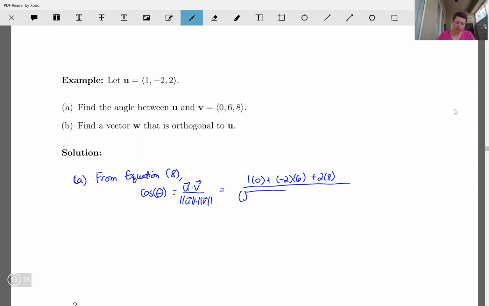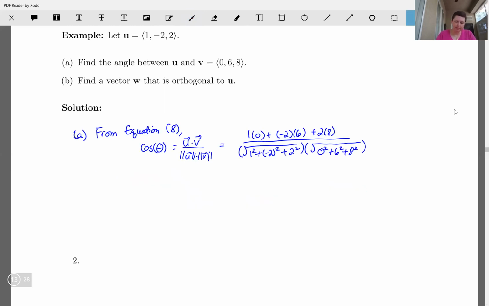So the norm of u is going to be the square root of 1 squared plus negative 2 squared plus 2 squared. And the norm of v is going to be the square root of 0 squared plus 6 squared plus 8 squared. So if we do all the work, that's going to give us 4 over 30, also known as 2/15.